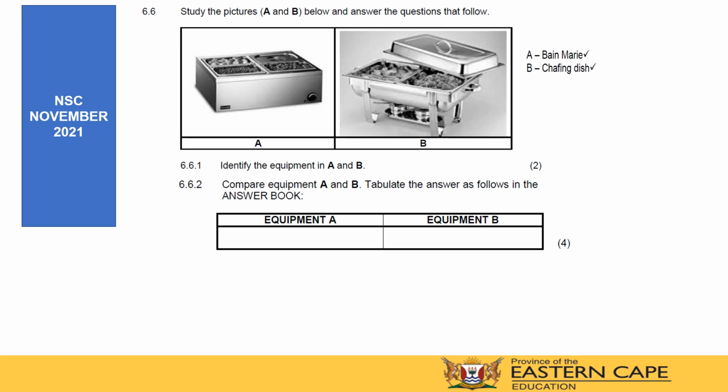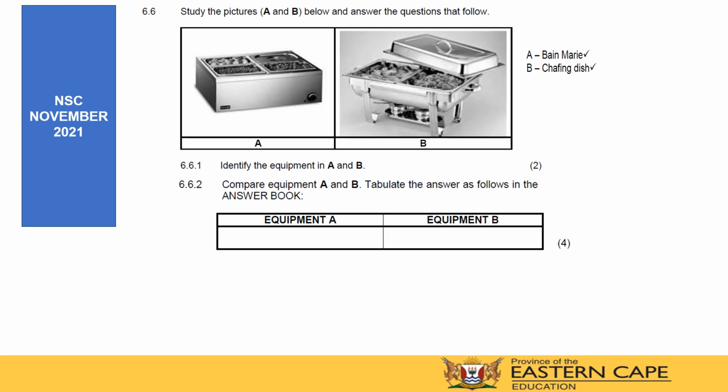I'm just going to quickly go through it again before we look at the answers that are expected from you. As you can see in the picture, this dish here is flammable, which means that there's going to be a gel inside. Obviously you put it on, and then the heat will transfer to the chafing dish, and it'll warm up the food.